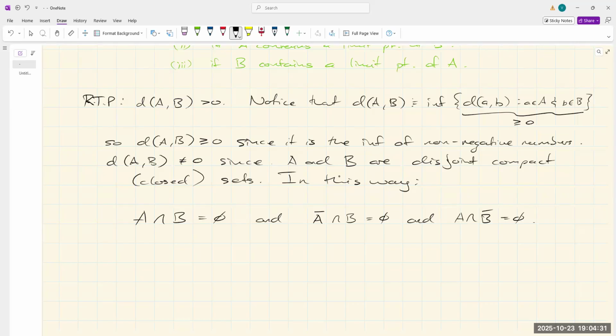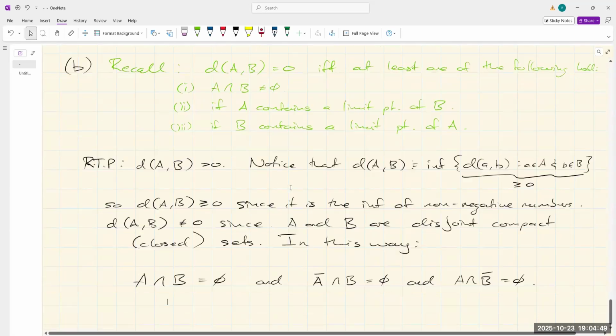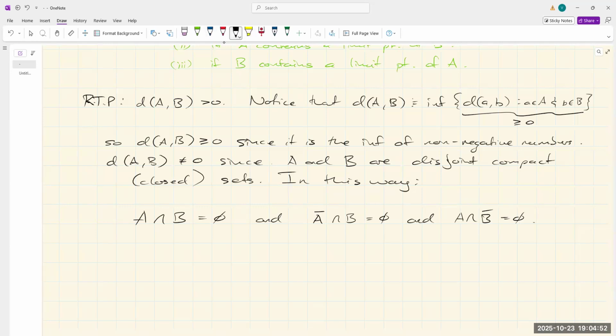In other words, any limit point of A is not in B, and any limit point of B is not in A. And A and B share no points in common. So that is what we need in this result. Therefore, the distance has to be strictly positive.